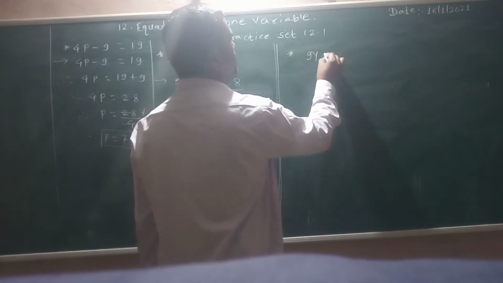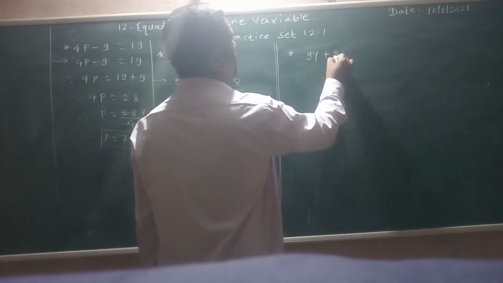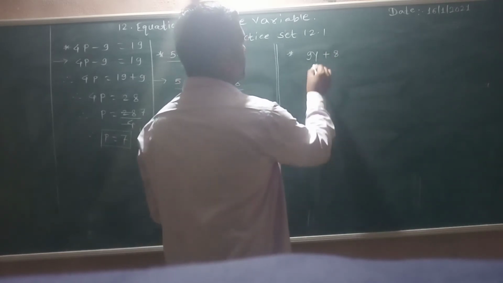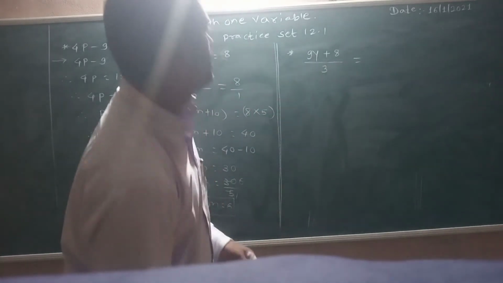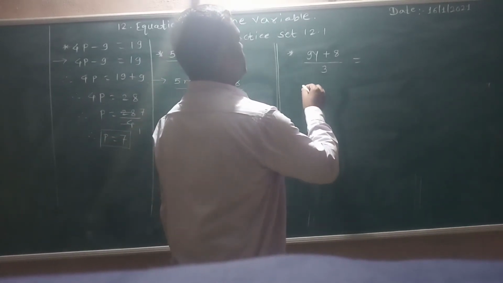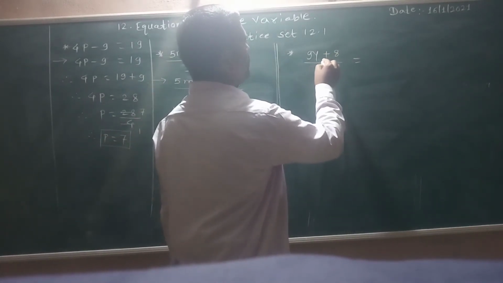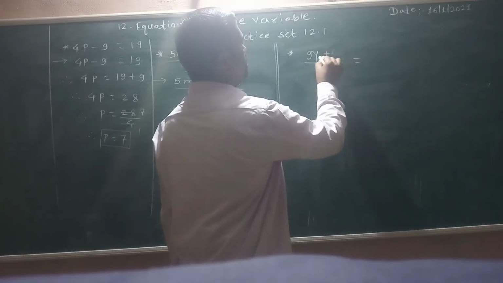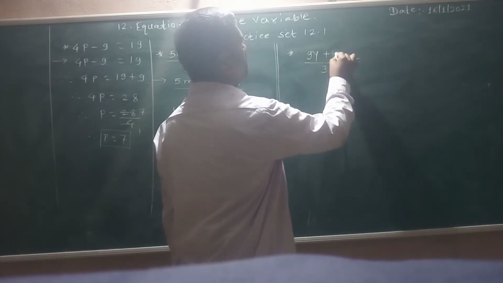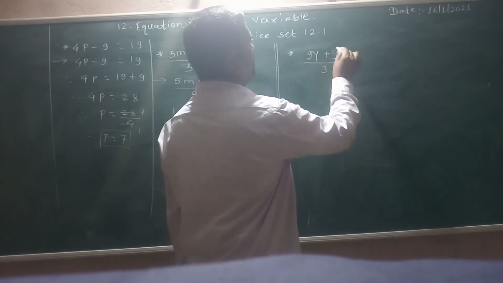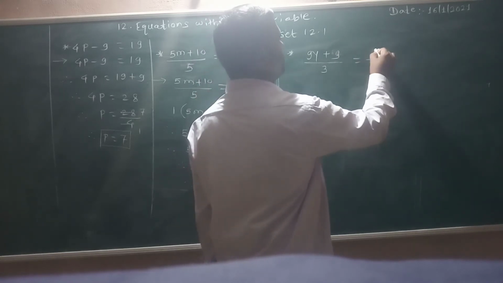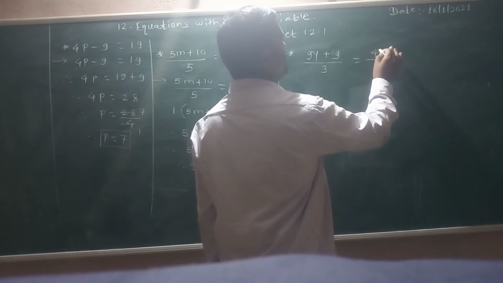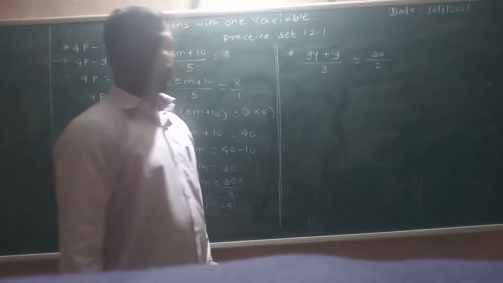9y plus 9 divided by 3 is equal to 30 upon 2.